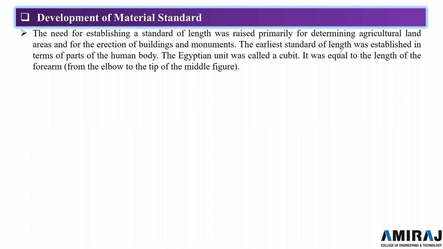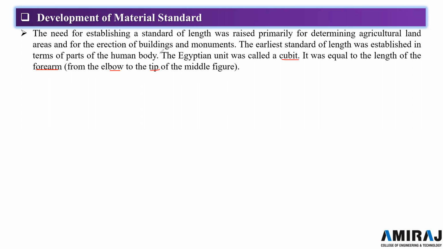The earliest standard of length was established in terms of parts of the human body. The Egyptian unit was called a cubit, and it was equal to the length of the forearm, from the elbow to the tip of the middle finger.